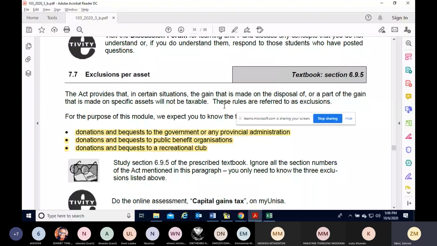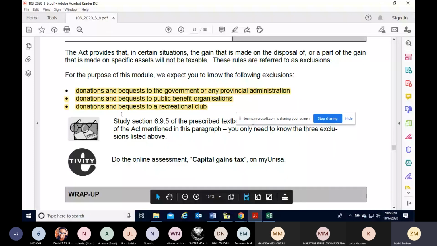The Act provides that in certain situations, the gain made on the disposal, or part of the gain made on specific assets, will not be taxable. These rules are referred to as exclusions. For this module, the only exclusion you have to know is donations or bequests to government, provincial administration, public benefit organization, or recreational clubs.